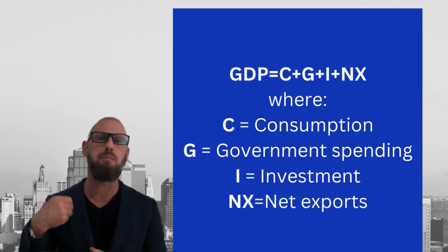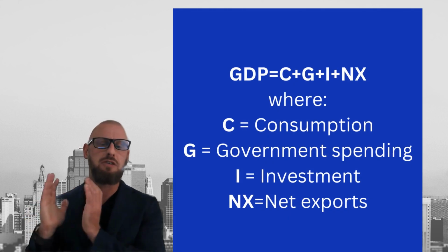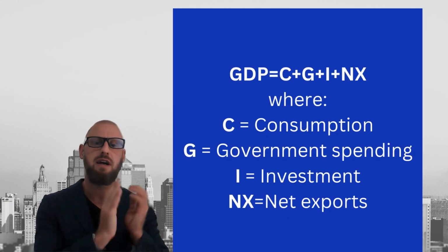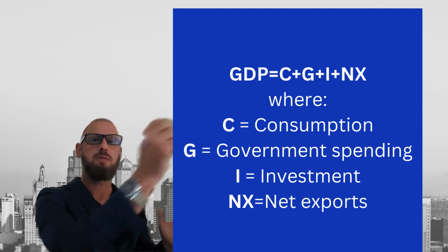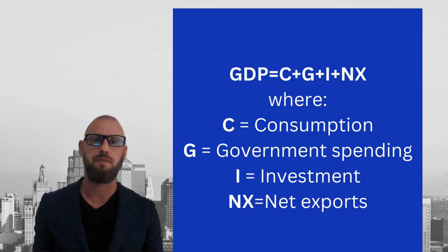GDP is made up of components, being consumer spending, investment, government spending, and net exports. Exports minus imports. GDP is usually represented by a percentage growth over the previous period.